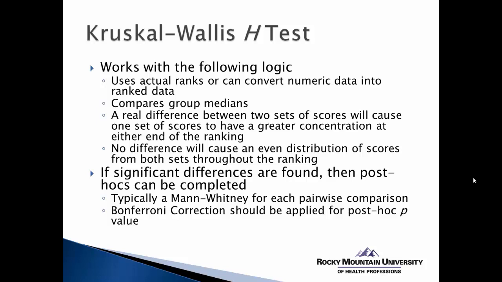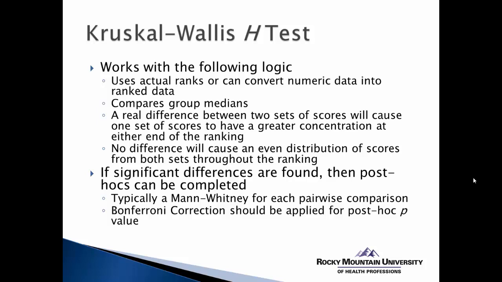And again, much like we very often have to do with a one-way ANOVA, we might need to do a Bonferroni correction to correct our p-value for our post-hoc so we don't get an inflated error rate. So if we end up having to do post-hocs, if we have significance initially, we want to make sure we do that Bonferroni correction.